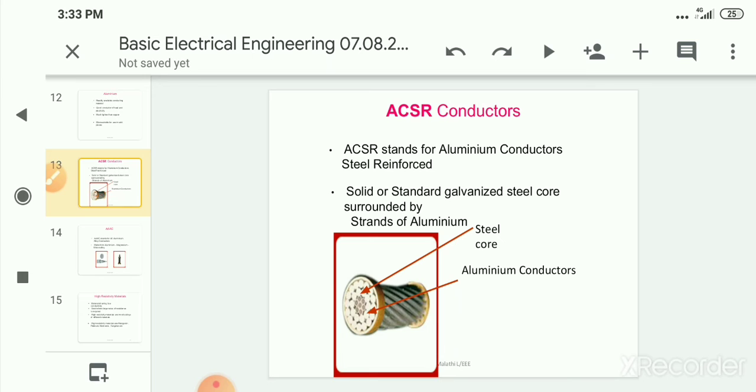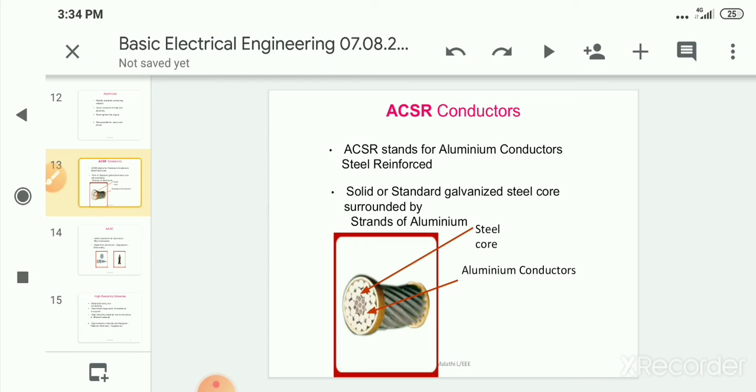It is soft and highly flexible. It produces smaller sag and hence longer spans can be used. Due to smaller sag, towers of smaller heights can be used.